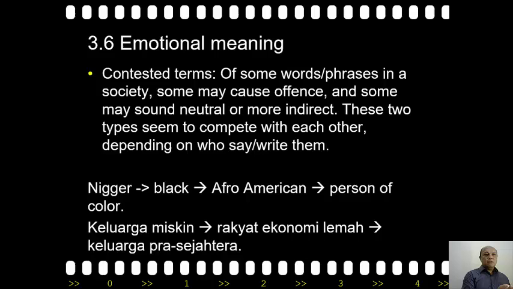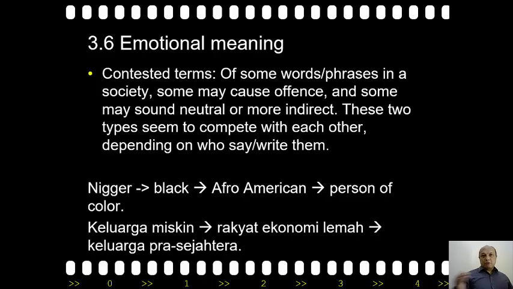And then we have another one, keluarga prasejahtera. This is more indirect than rakyat ekonomi lemah or even keluarga miskin. This is the most polite term, keluarga prasejahtera.